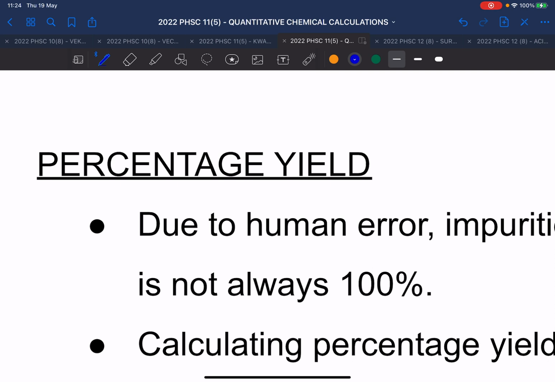Okay, so I'm just going to show you a type of example that we are going to do, or the wording there. Here we have marble. Marble we use for kitchen countertops, but we also use marble in powder form on the rugby field to make the lines.